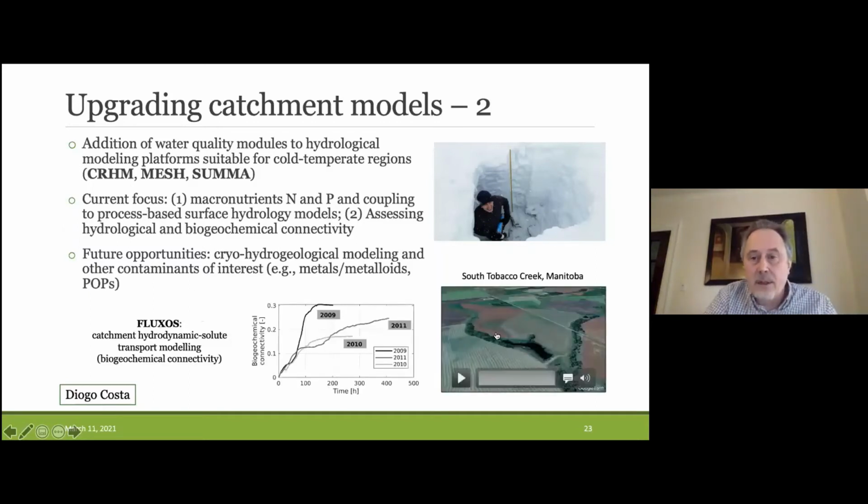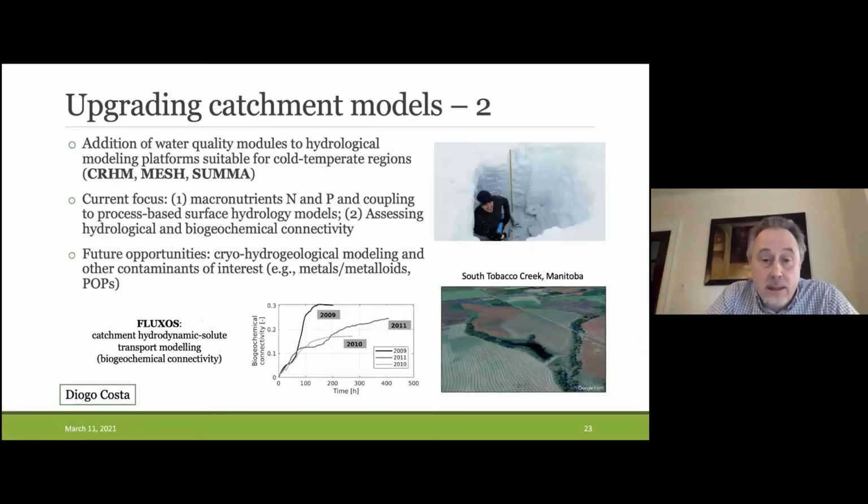So here, for instance, are some results from the South Tobacco Creek in Manitoba. And yeah, it works here. You can see that it's a very flashy hydrological system. Sometimes certain creeks are activated, sometimes they're not. So essentially, it's a very variable hydrological system. What he's been looking at is how this hydrological variability translates into variability in the biogeochemical connectivity.